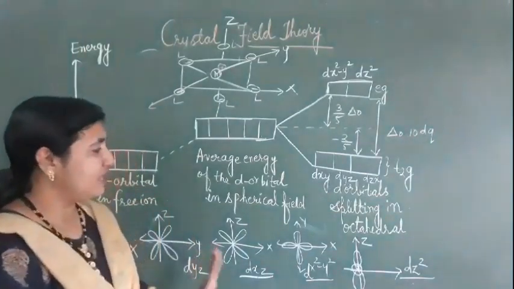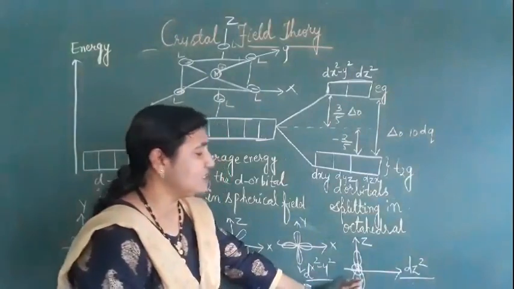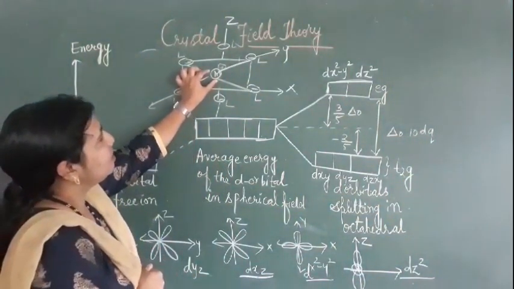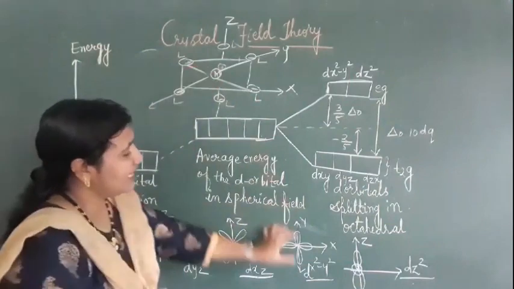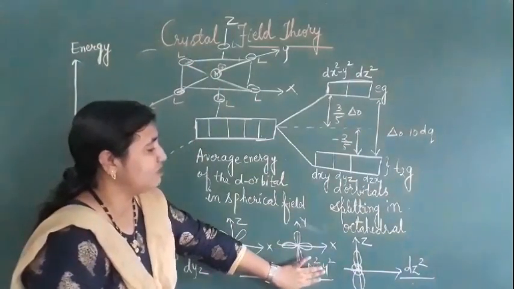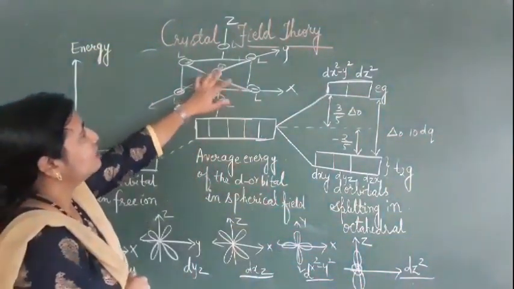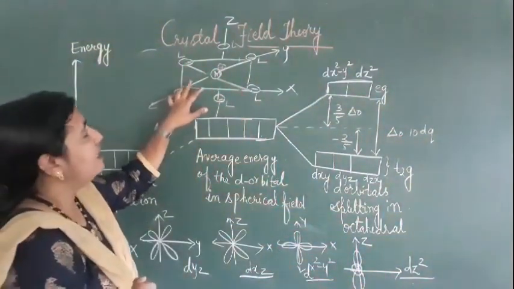Along the axes, how many orbitals do we have? The metal's d orbitals, 2 of them, dx square minus y square and dz square, are present along the axes.